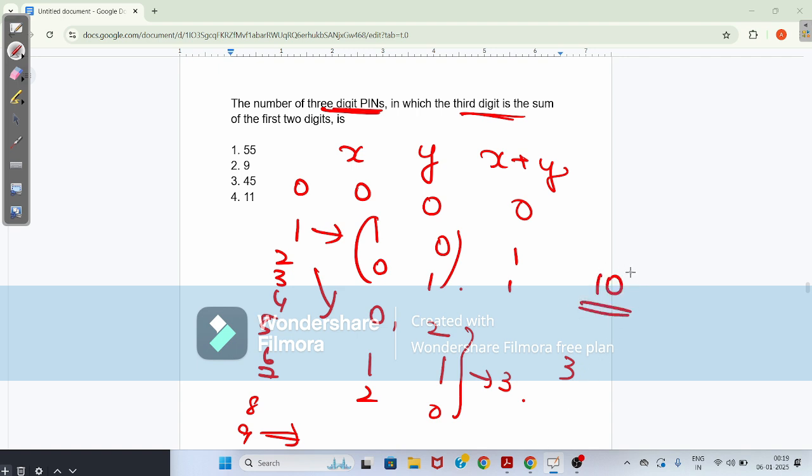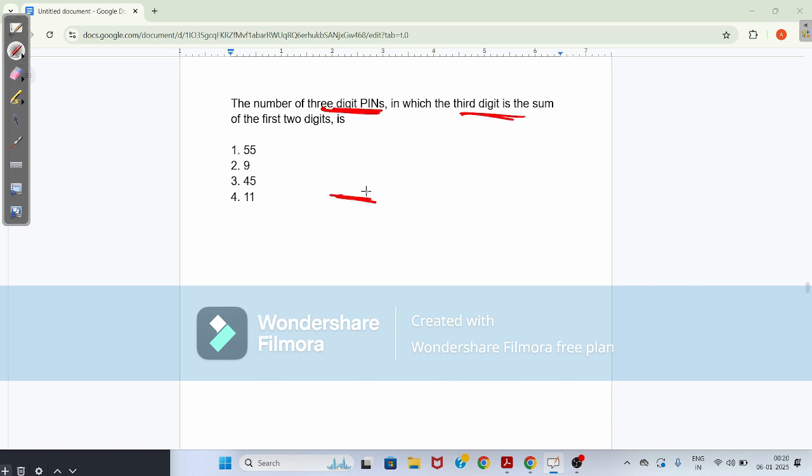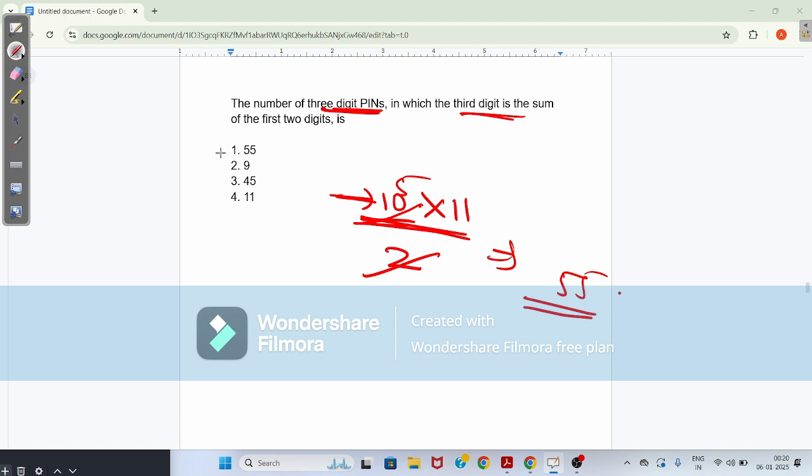When you consider the 10th value also, you will get 11 possibilities. So when you consider all the 10 numbers, you get 11 possibilities, and 11 by 2 gives the value 55. These are the possibilities that will form here. So this is the correct option here.